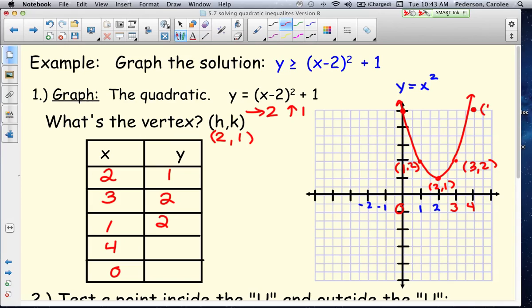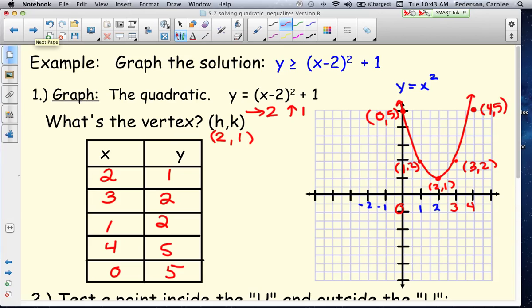And that point then is (4, 5) and (0, 5). What I've done is I've graphed the quadratic equation of y equals (x minus 2) all squared plus 1.